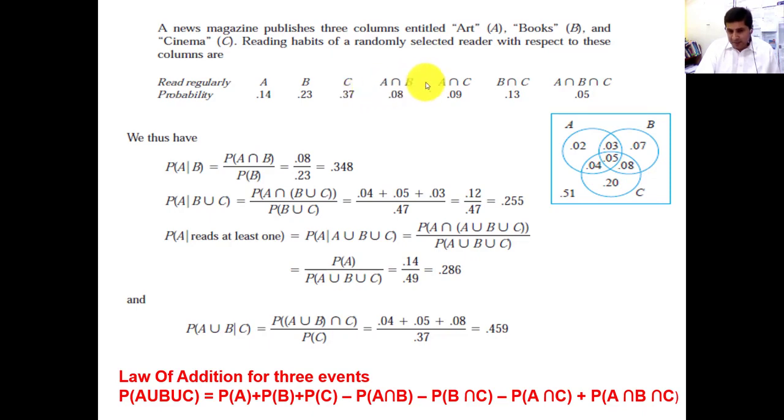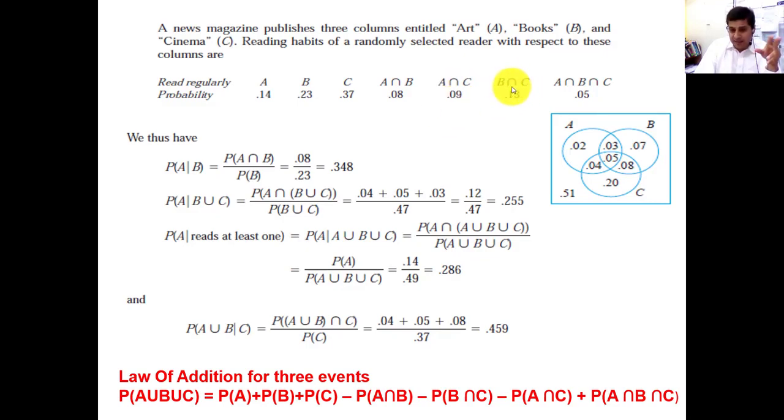A intersection B represents what? Mutually inclusive, which are common. They also read books and they also read art. So this is 0.08. A intersection C is the commonality, mutual inclusiveness between A and C. They read art and they also go for cinema, so 0.09.